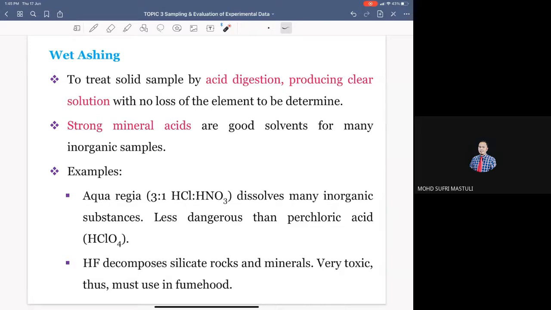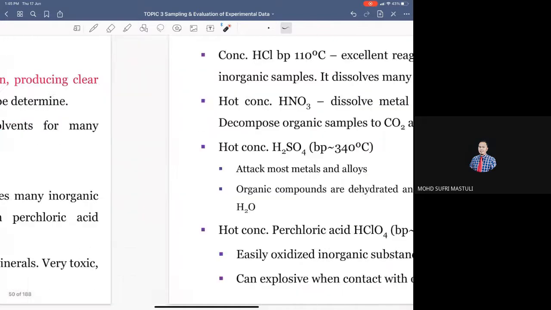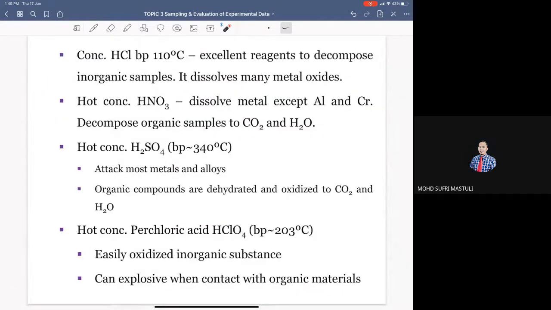For example, we can use aqua regia, or we can use HF, hydrofluoric acid, to decompose the sample. Other strong acid solutions are concentrated hydrochloric acid, concentrated hot nitric acid, concentrated hot sulfuric acid, and even perchloric acid.